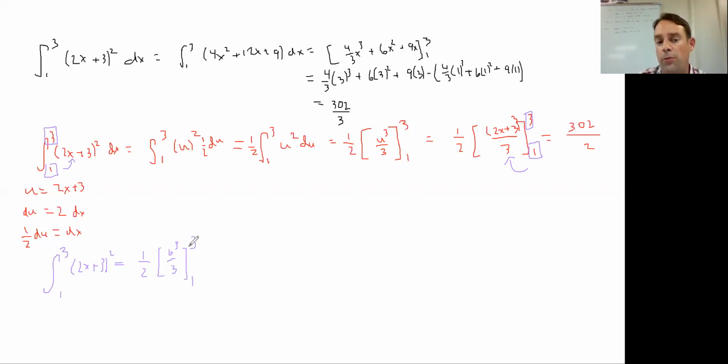If these 1 and 3s, these bounds stay the same all the way through, then I should be able to plug it in at any time and still get the same answer. So I should be able to plug them in here, and I'd get 27 over 3 minus 1/3. And friends, this whole problem right here would end up being 13/3. Pretty sure that's not the same thing as 102/3. Remember, it's a tad bit off, just a little bit.